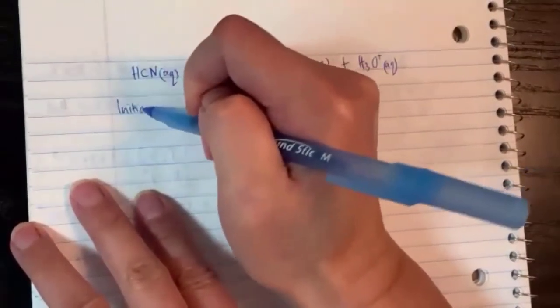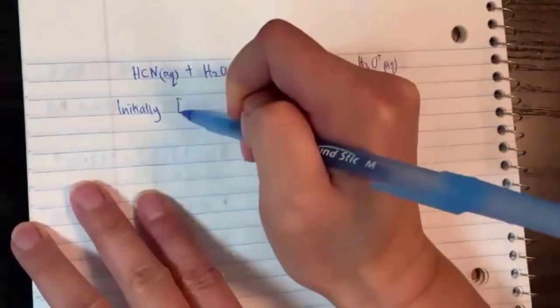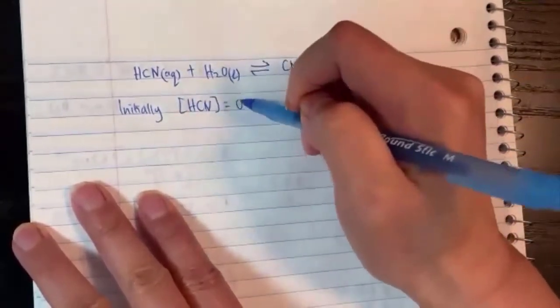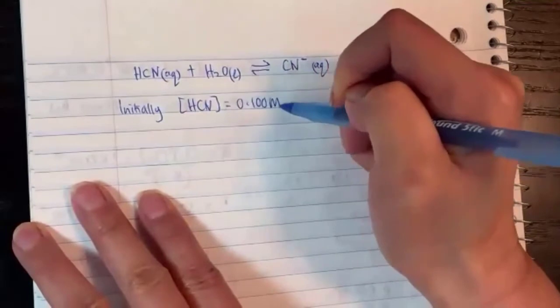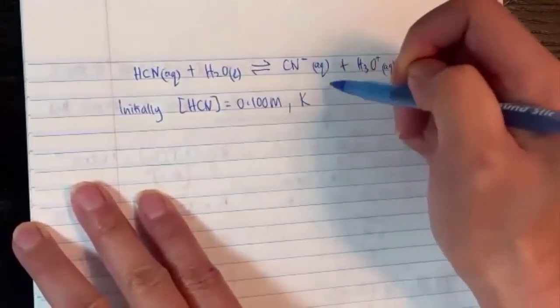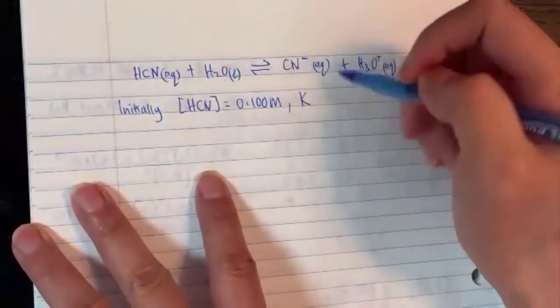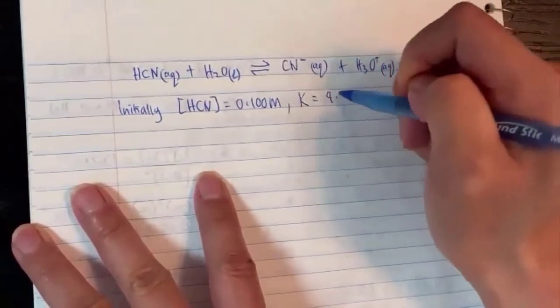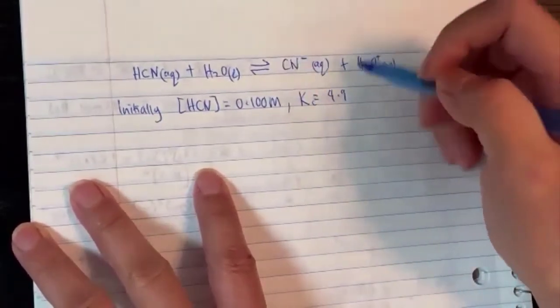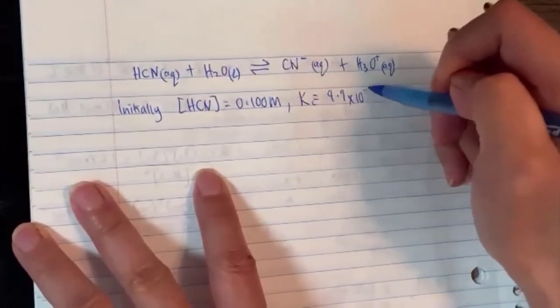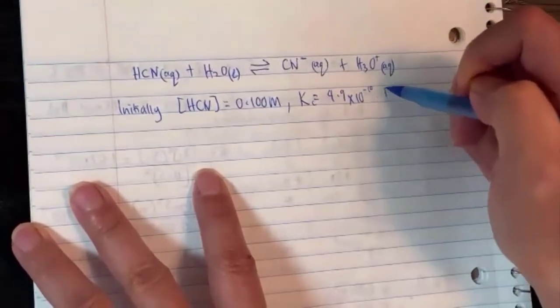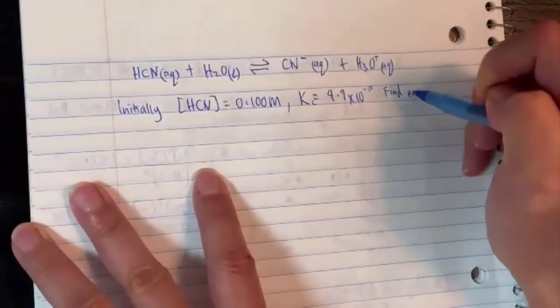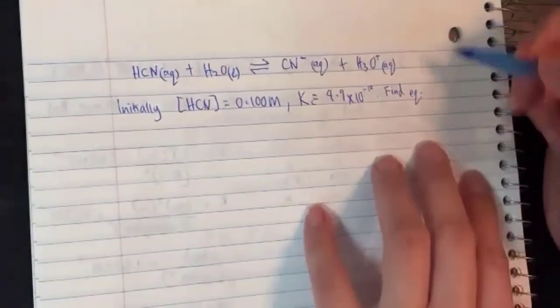Okay, and then it says initially HCN concentration is 0.100 molarity. K of this reaction is 4.9, so it's Kc since it's molarity, times 10 to the minus 10. Find equilibrium concentrations.